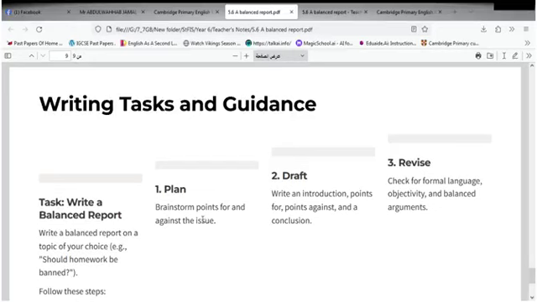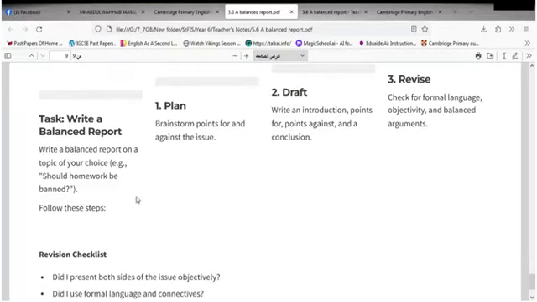Now, how to write it? Write a balanced report on a familiar or controversial topic, something related to school, for example. Should homework be banned? Should weekend be longer?